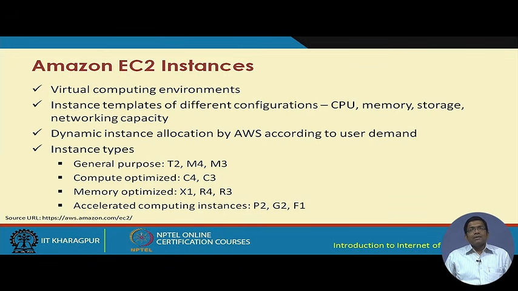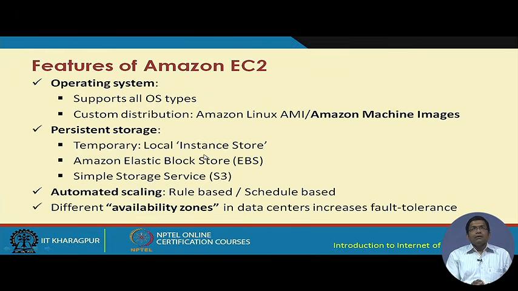Amazon EC2 has different instances. These instances are of different types for serving different purposes, and their specific names that are given by them in EC2 are also listed over here. In terms of the operating system, EC2 basically supports all operating systems.